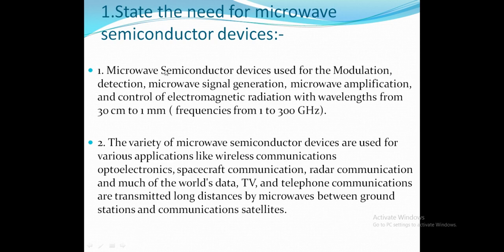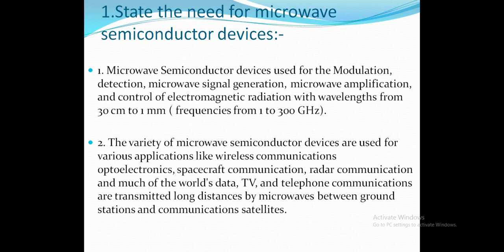Here the microwave semiconductor devices are used for modulation, detection, microwave signal generation, microwave amplification and control of electromagnetic radiation with wavelengths from 30 centimeters to 1 millimeter, that is the frequencies from 1 to 300 gigahertz. For this purpose, we are using microwave semiconductor devices.